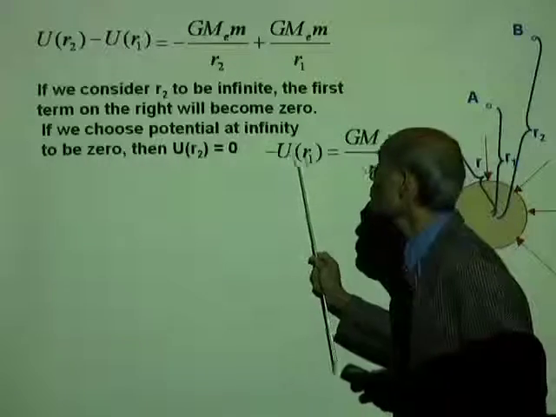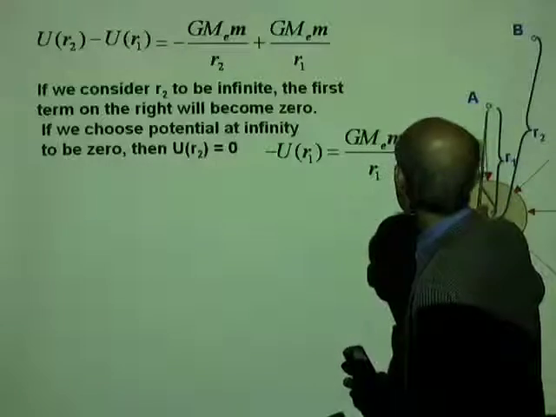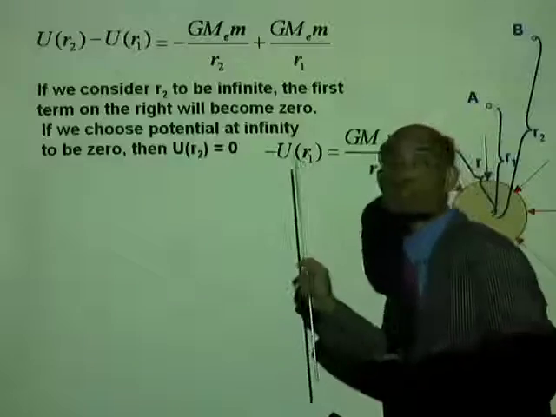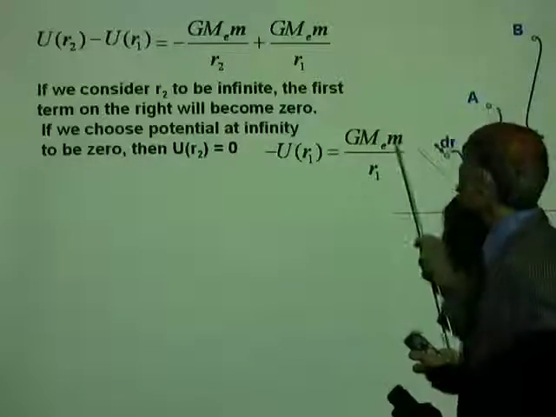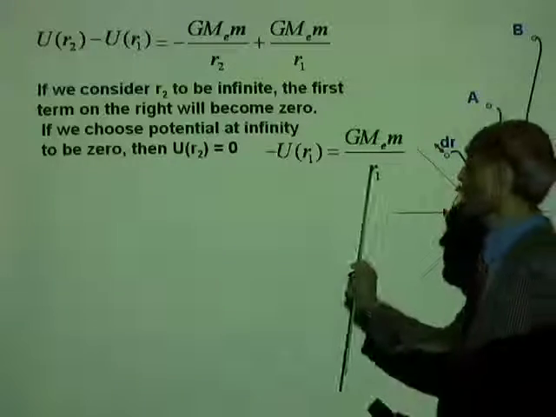Now what does U(R1) represent? Potential energy of the object at point A. In other words, this is a measure of the potential energy of an object of mass m placed at a distance R1.